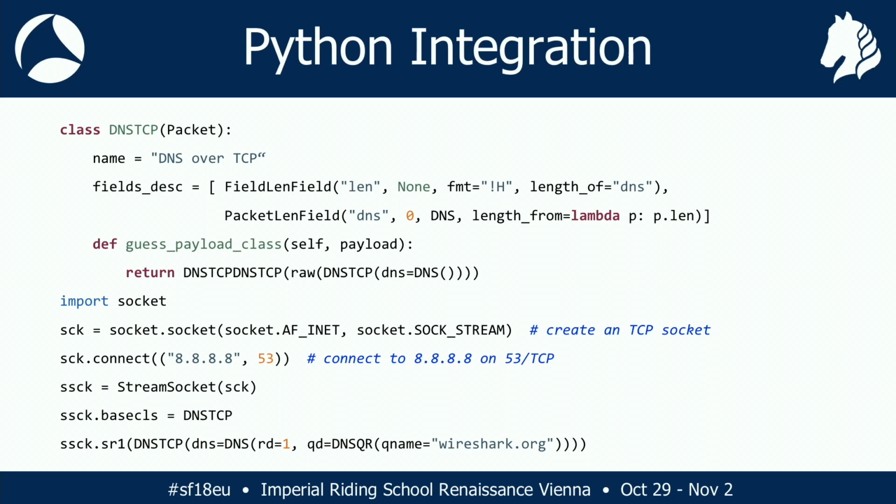Then we're using the normal operating system socket to build up the TCP session, so we don't care about the TCP handling. We just want to have the TCP socket, and then we can use the sr1 function again to send our packet inside the established TCP session. So sometimes it's necessary to have a TCP session but you don't want to do the TCP handling yourself, so you can use a normal socket and then go on with this.